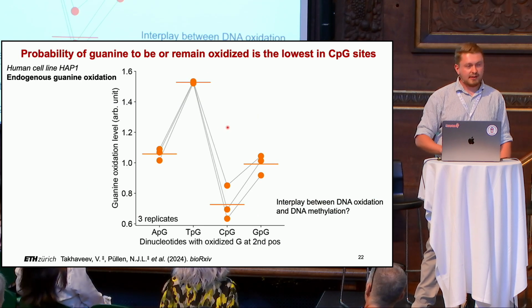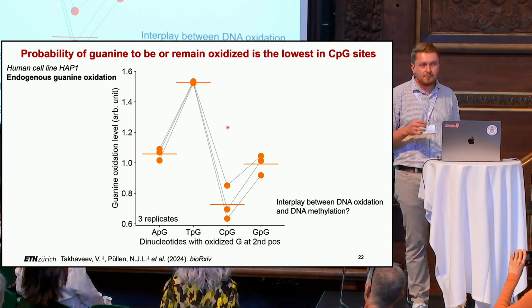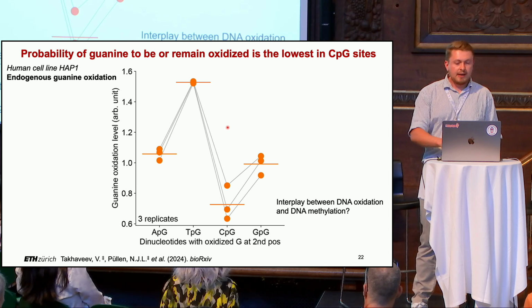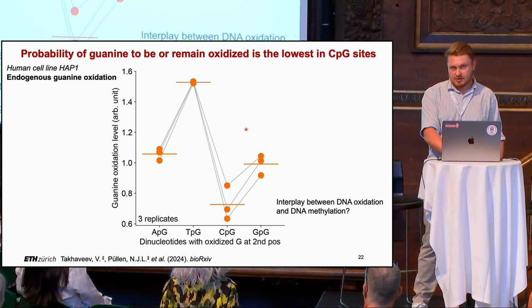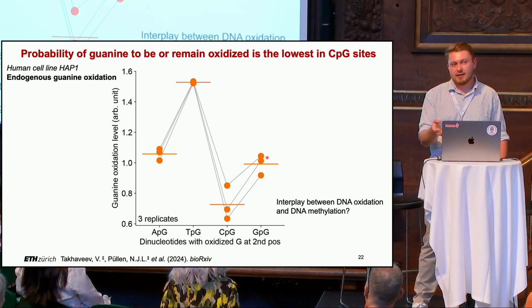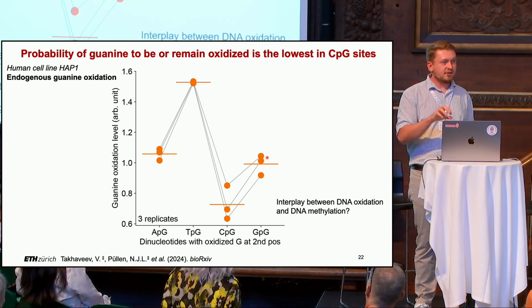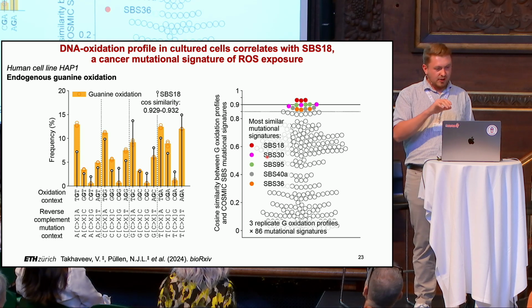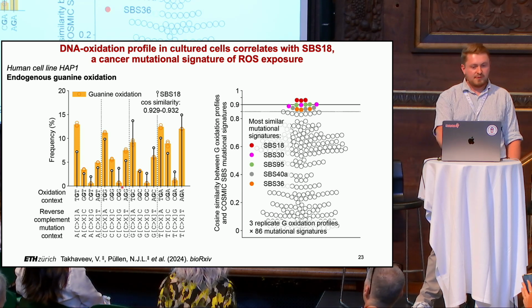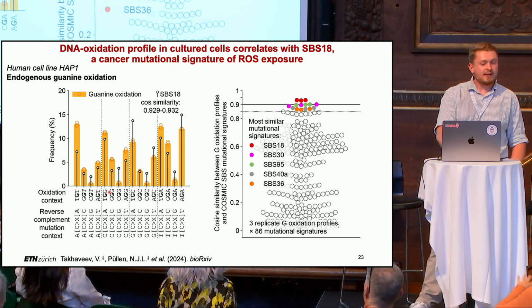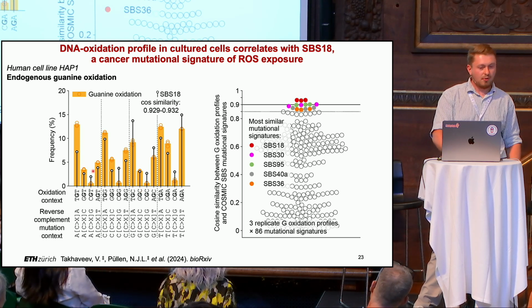So using ClickCode-seq, we discovered that the propensity of guanine to be, or to remain, oxidized is the smallest at CpG dimers compared to other dinucleotides, and this may reflect a relationship between guanine oxidation and cytosine methylation.